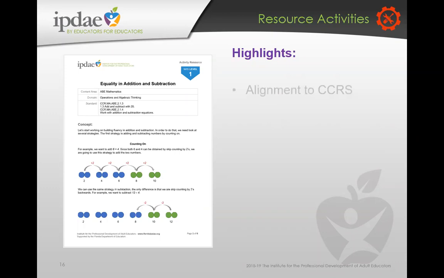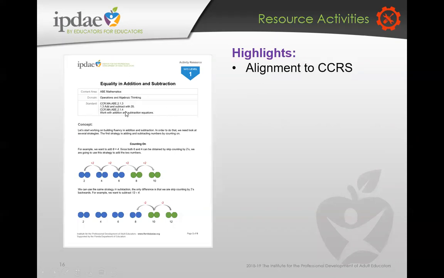A highlight of this resource activity is that it's definitely aligned to the college and career readiness standards. When we created these resource activities, we included the actual standards in them.